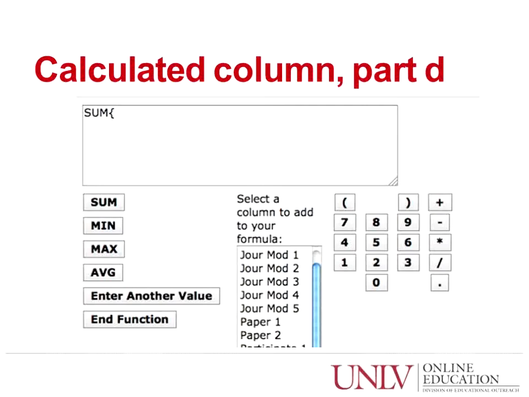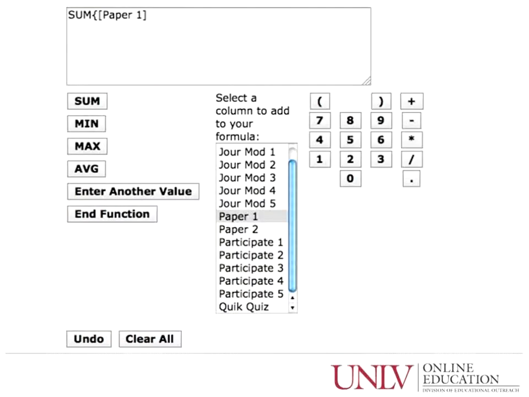So when we start off our list, because within the sum option we are going to be adding values, we're going to scroll to where we have our first of two papers.